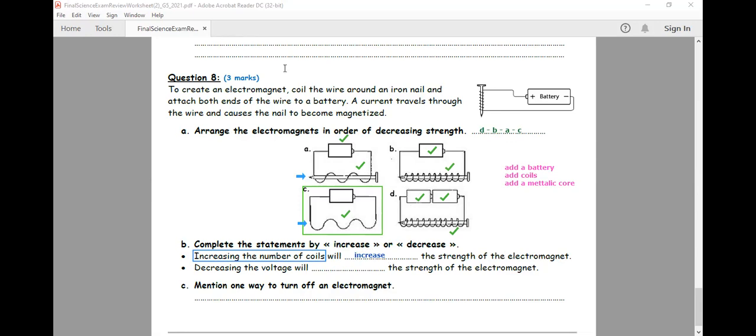When we decrease voltage, like if we have two batteries and we remove one, how will this affect the power of the electromagnet? Decreasing the voltage means less voltage, less batteries.